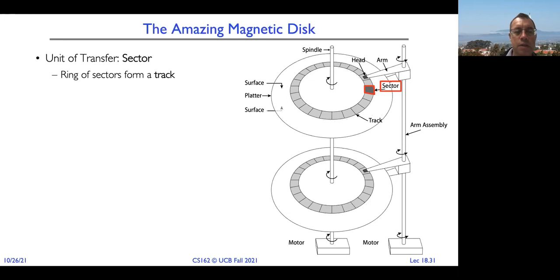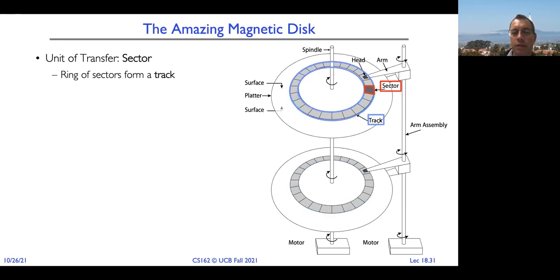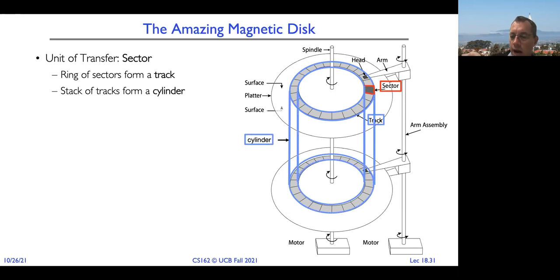This is a sector. You have this ring of sectors. This is a stack, and the corresponding tracks on all platters represent a cylinder.